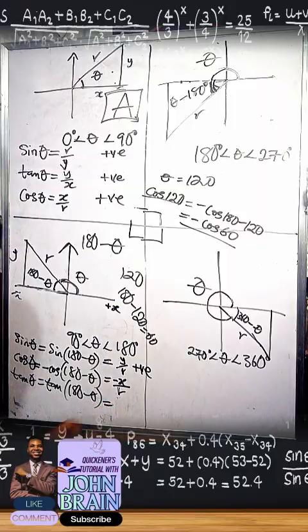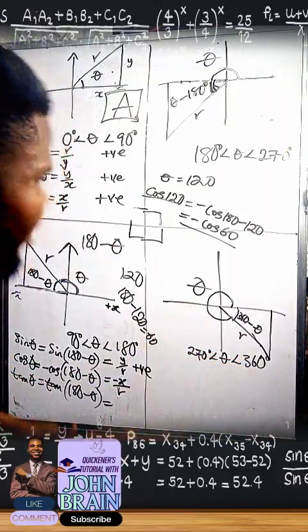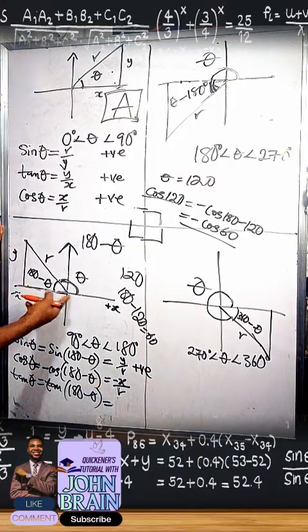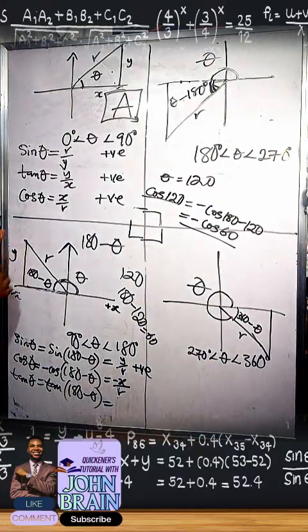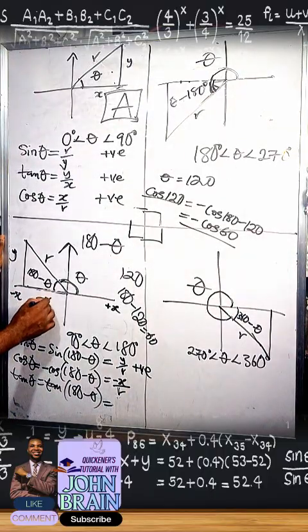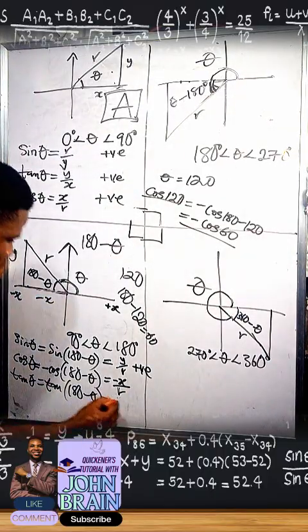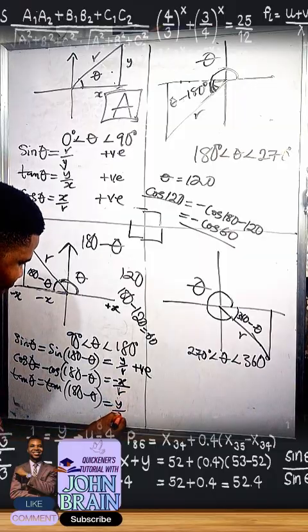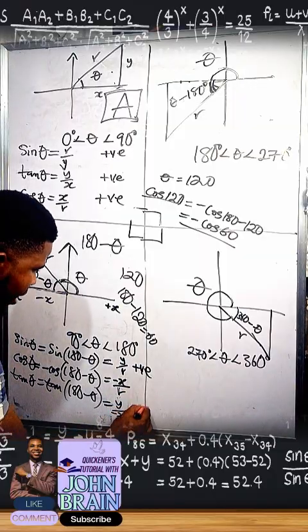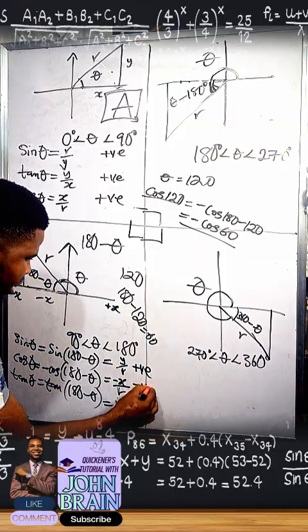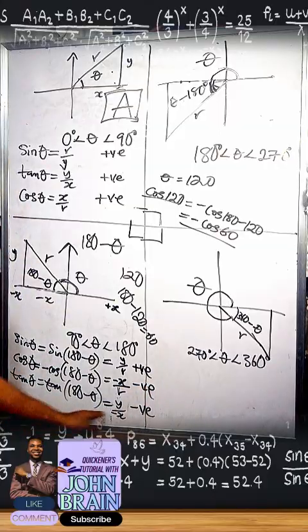So for tan, we have that tan theta, remember tan is opposite over adjacent. This is opposite and this is adjacent. So opposite is y and adjacent is x. So this is negative x and this is positive y. So y over negative x. The whole answer is negative. That's for cos, tan is negative.